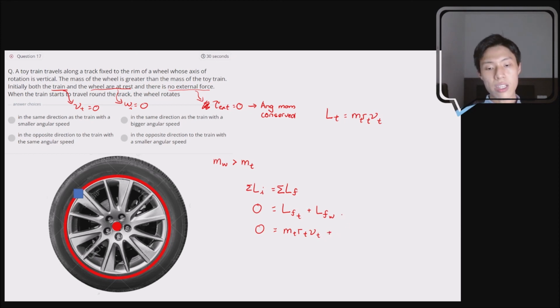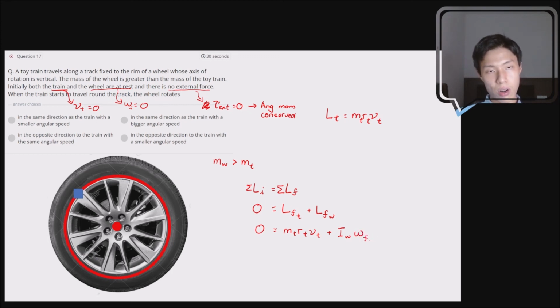Next, we know that this wheel can be rotating as well. The wheel is a disc-shaped, uniform rigid body with the axis of rotation at the middle. For this one, we will use the formula I of the wheel, the moment of inertia of the wheel, times omega of the wheel final.